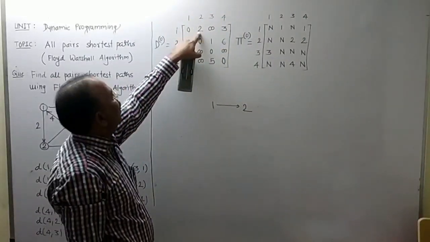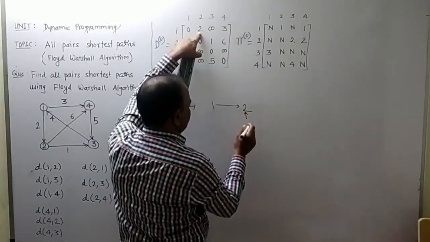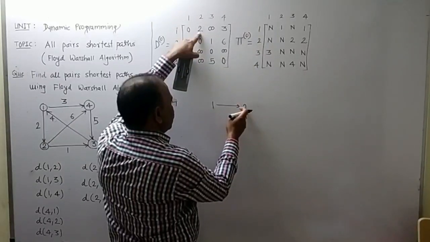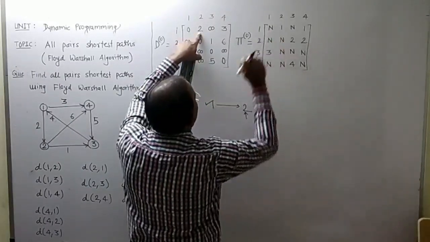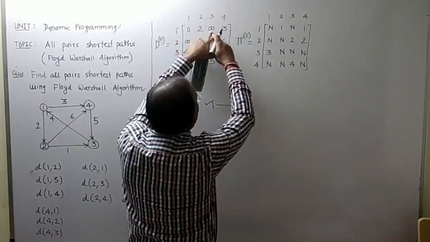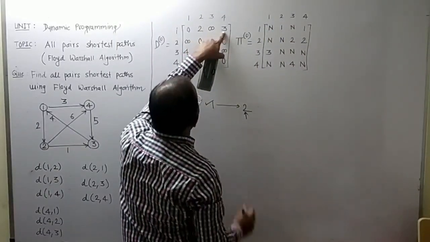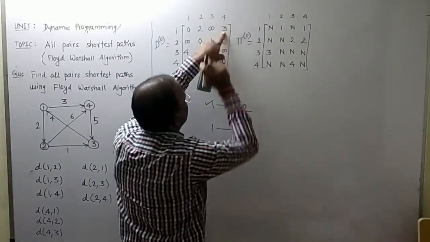But if you consider this 2 as the destination, what will be the predecessor vertex of 2? The predecessor of vertex 2 is nothing but 1, so that's why 1 is written. Then here is the infinity, so in place of the infinity n is written. Now then here is 3, that is 1 to 4, distance is 3.